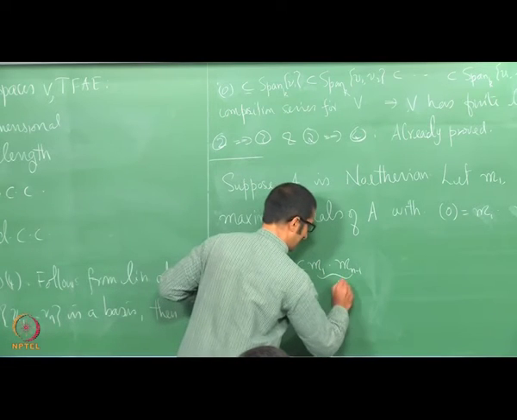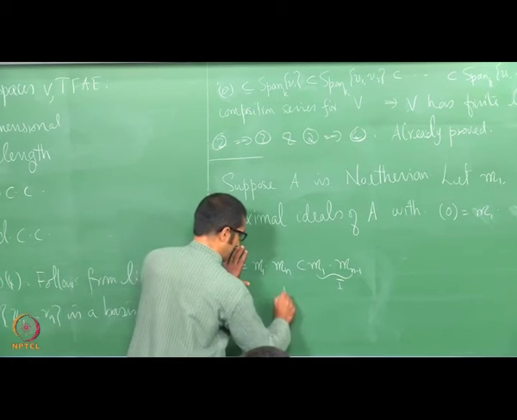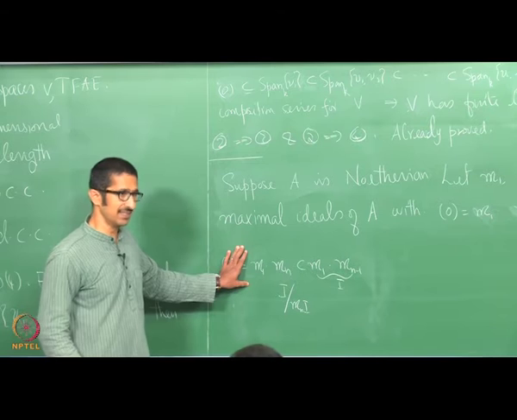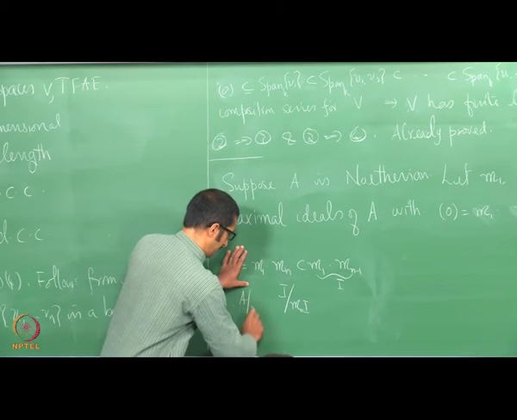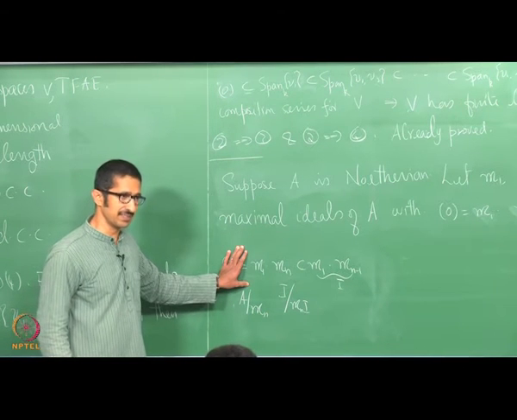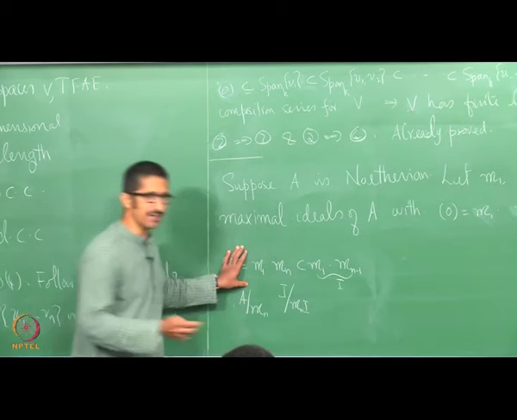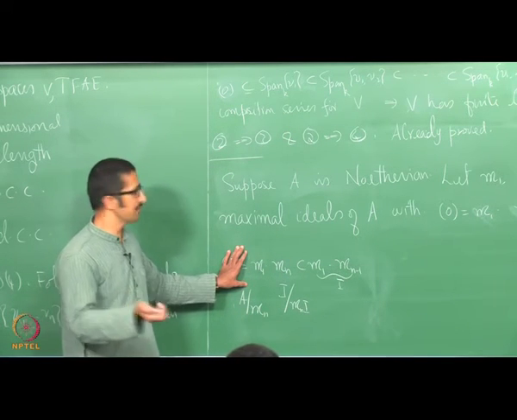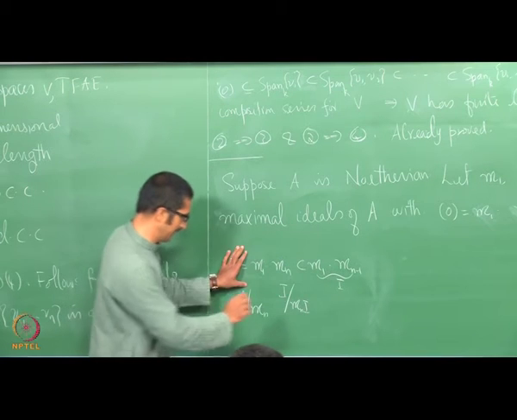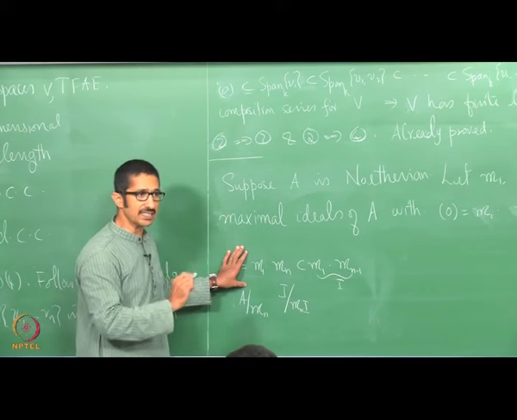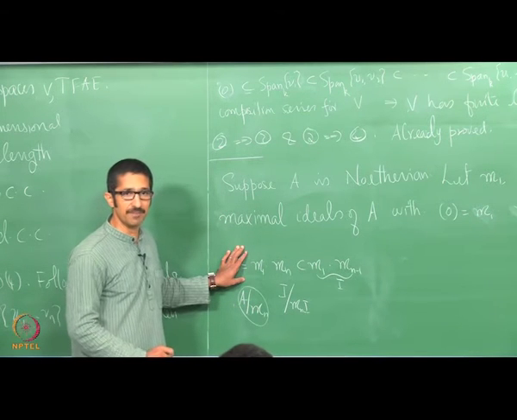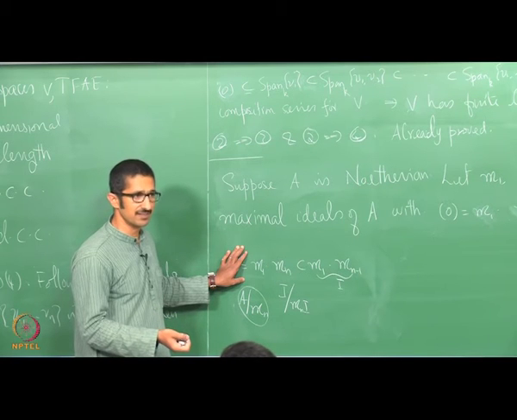If I call this ideal I, this is nothing but I mod Mn I, right? This is a module over A mod Mn, or in other words it is a vector space. If it is of dimension 1, then the previous proposition says that it is simple. In any case, it is a vector space over A mod M, so it will have finite length.